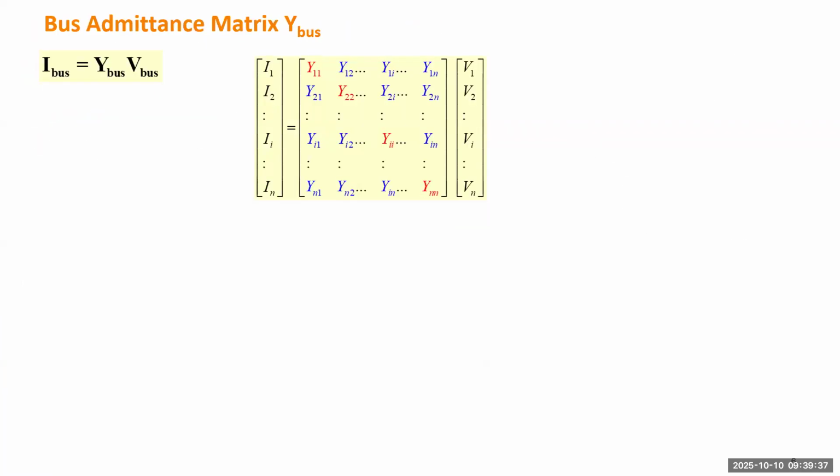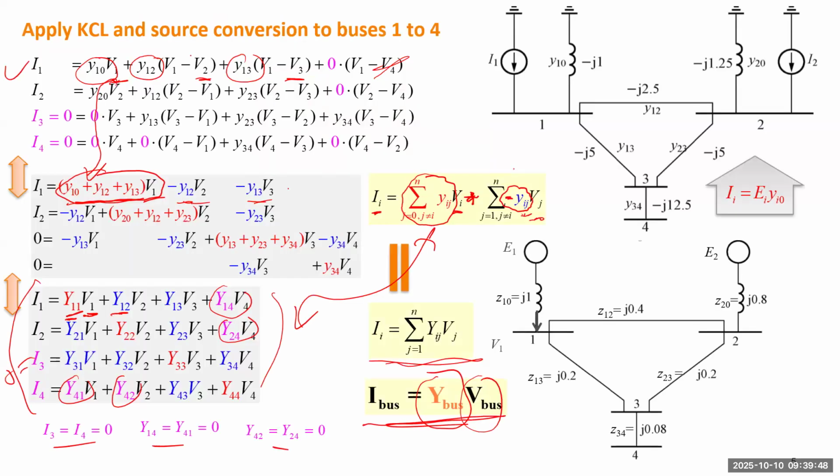Okay, let's take a closer look into this bus admittance matrix, capital Y bus. I colored the diagonal elements in red because from previous slides, we know that each diagonal element will take the value in those parentheses in each line, which is the summation of the admittance to the ground and to all the neighbors.